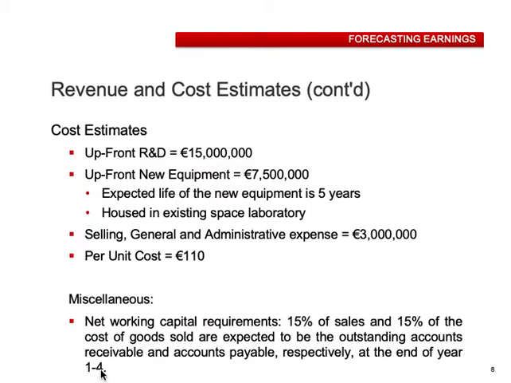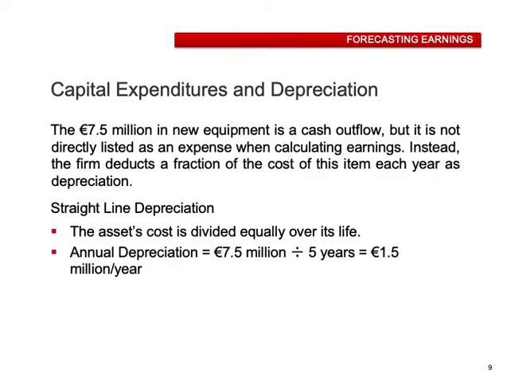I have a separate slide on how to calculate all of this a little bit later, but for now, I would like to refer back to our video on financial statement analysis, where we have defined working capital as current assets less current liabilities.